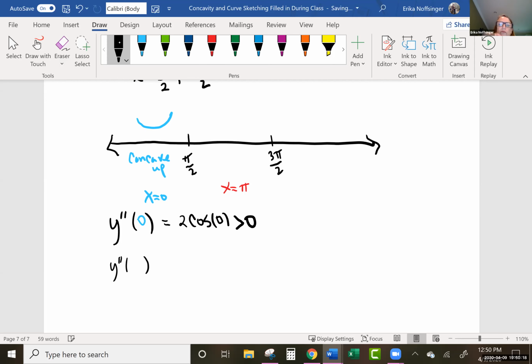Something's wrong. Oh wait, no, sorry. I was thinking that cosine was 0 at pi, but it's not. So I have 2 cosine of pi. Well, cosine of pi is -1. And so this is 2 times -1, which is -2, which is less than 0. Since it's less than 0, it is concave down.